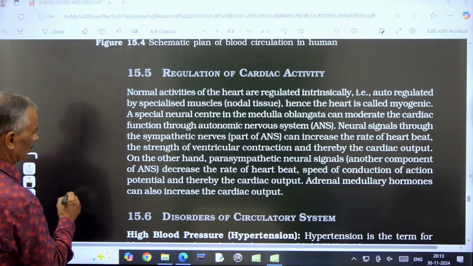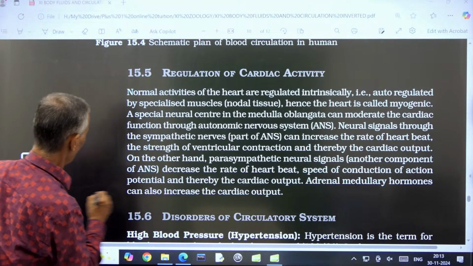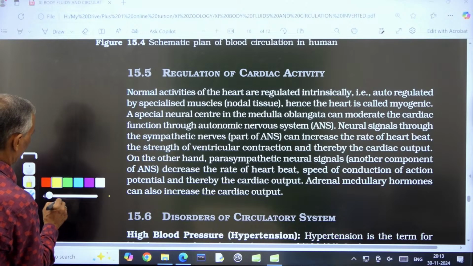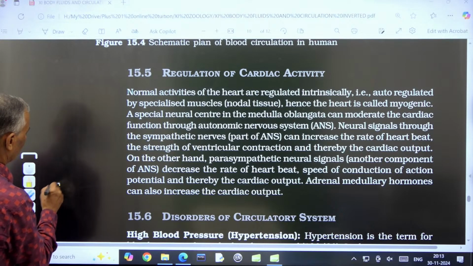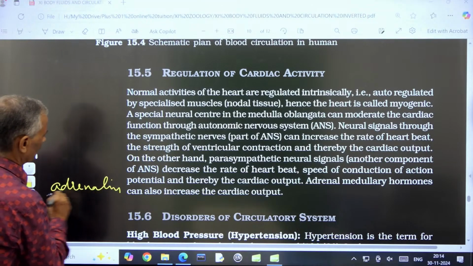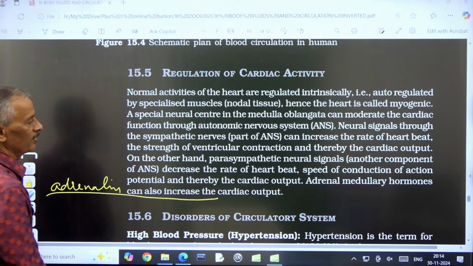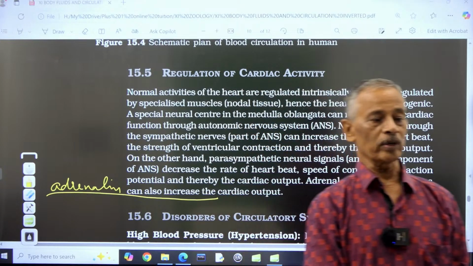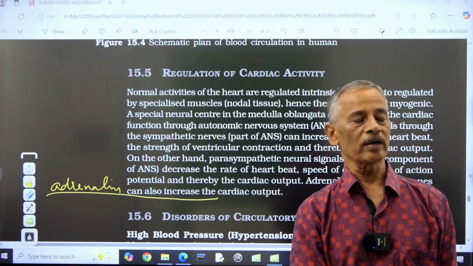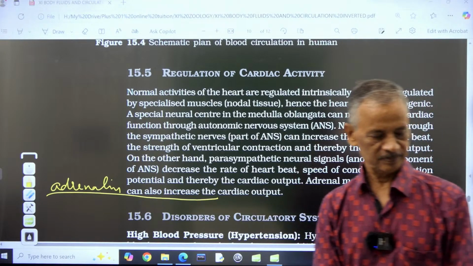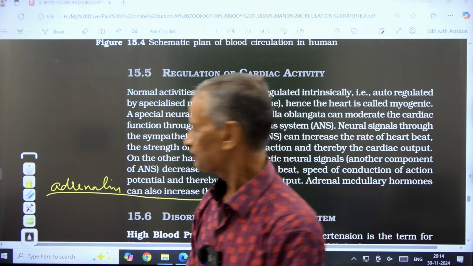It is adrenaline. Medullary hormone, adrenaline. This adrenaline can increase the cardiac output. That is why when you are in fear or in an emergency situation, heart rate is increased. Clear?